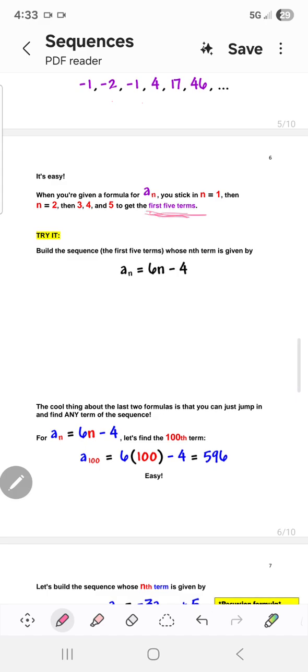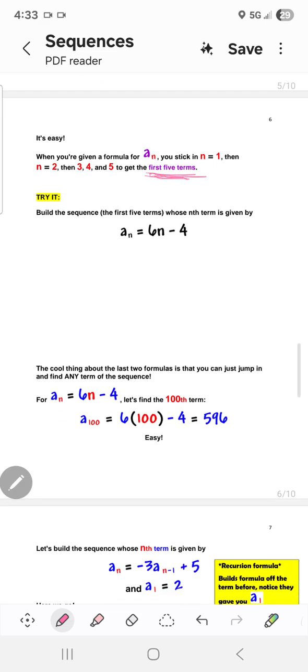And why am I telling you that? Because some of your problems are going to say, what are the first 5 terms of this sequence, right? Like this one. Build the sequence. The first 5 terms, whose nth term, or equation, right, is given by this equation. Well, I want a1. Well, if I want a1, you're going to let n be 1. So I'm going to plug it in here and here.